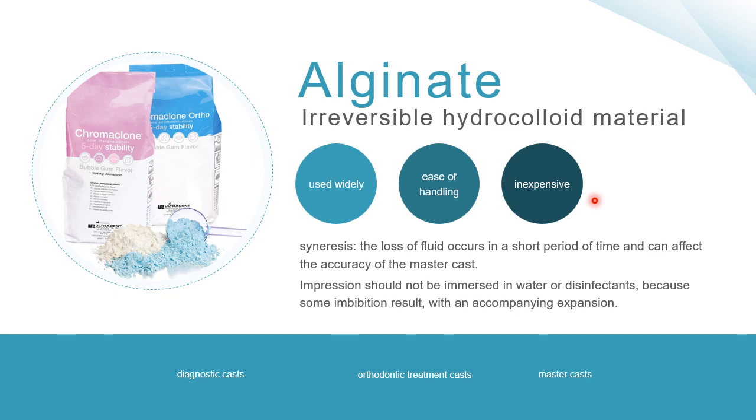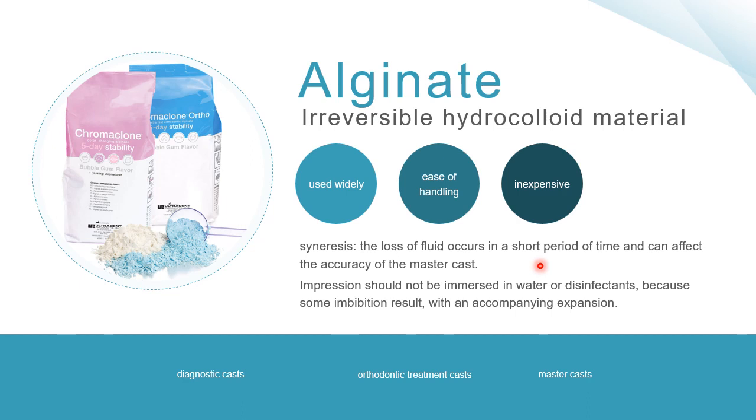Alginate has a side effect, or disadvantage, which is syneresis. That means that after setting, the alginate impression material will lose its fluid, and losing its fluid in a short period of time affects the accuracy of the master cast.